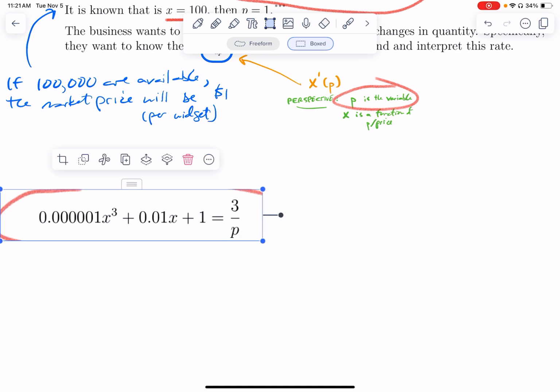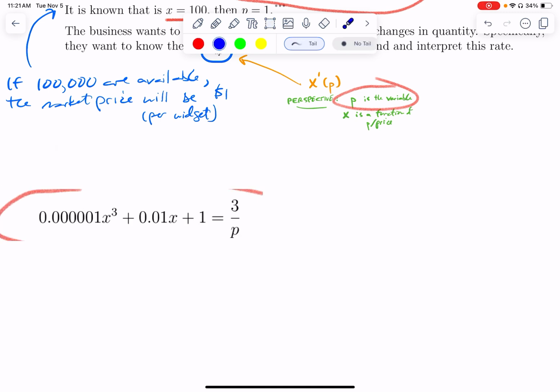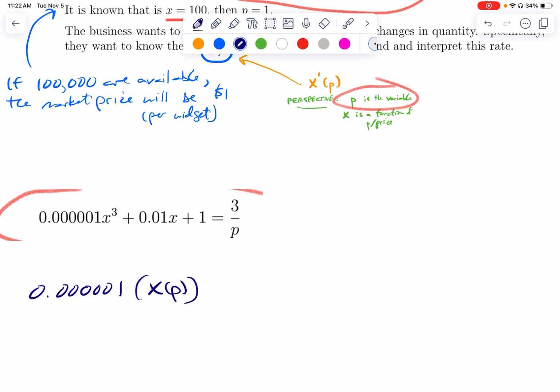I will notice that here I have something with x in it. Here I have something with p in it. And I want to emphasize that x is a function of p. So I'm going to rewrite this. And just FYI, there are 5 zeros there before the 1. And I'm actually going to emphasize that quantity is a function of price.